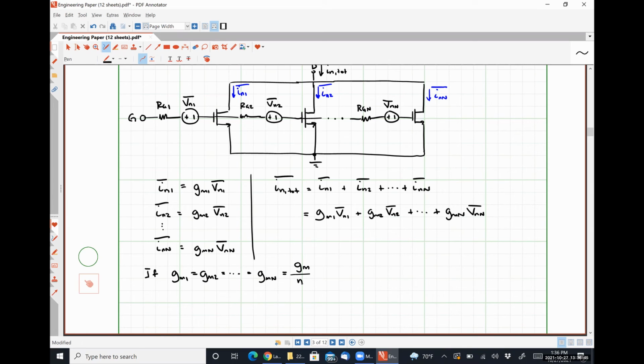So under this case, we can say then that IN total is GM divided by N multiplied by N times VN1 plus N minus 1 times, sorry, this should be VN2.